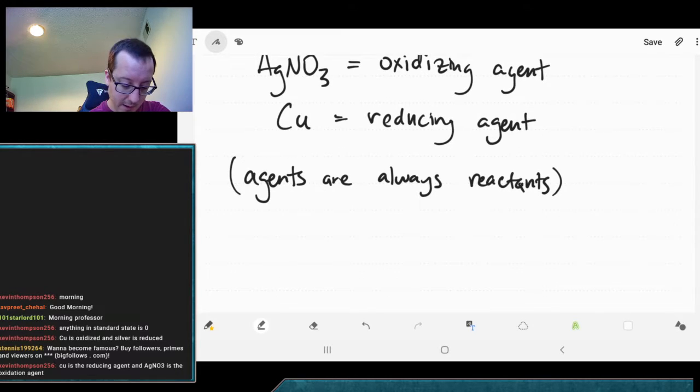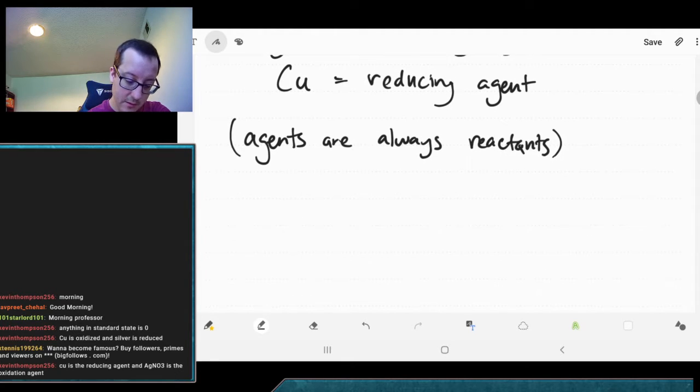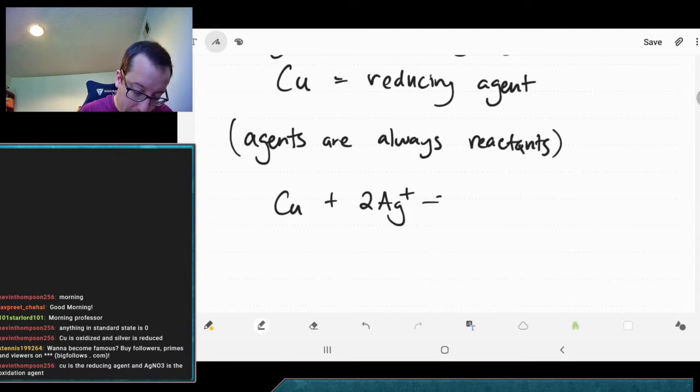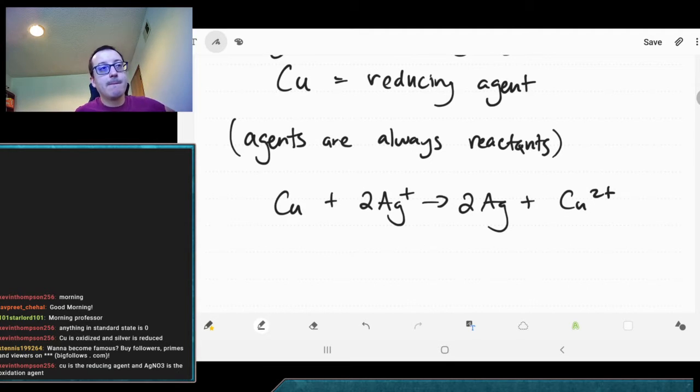If we looked at, by the way, the net ionic equation for this process that we just looked at, we see that we're going to end up with an overall reaction of this. This is our net ionic equation, right, of what's happening here.